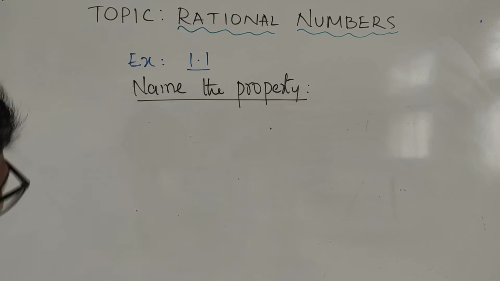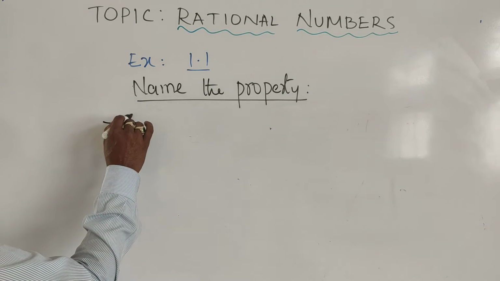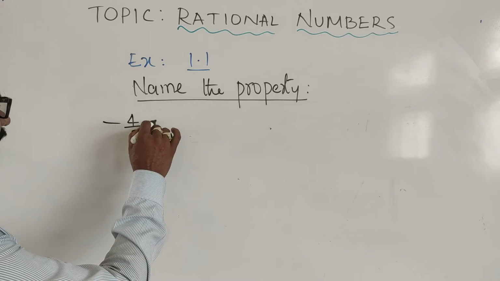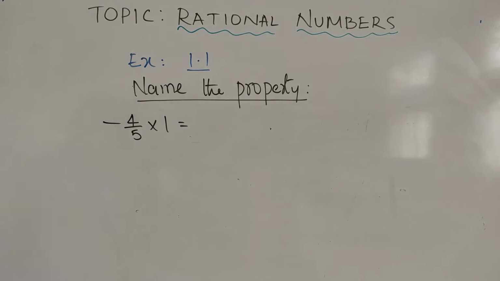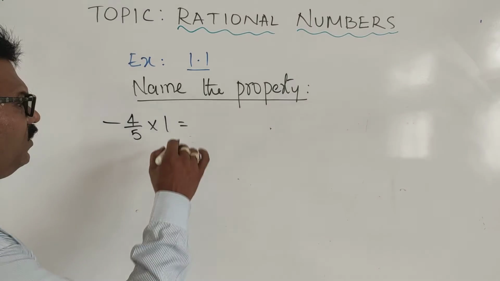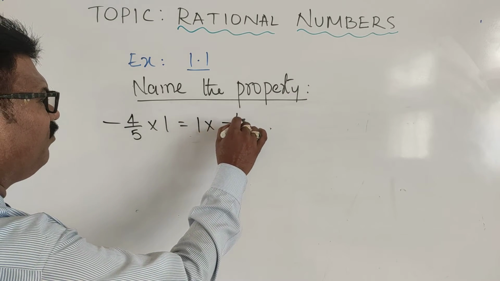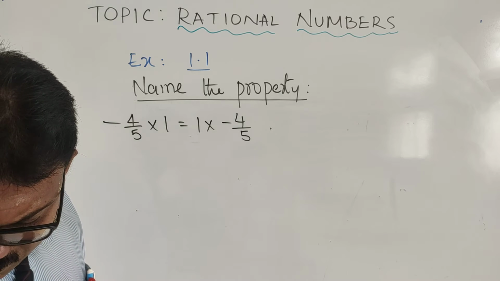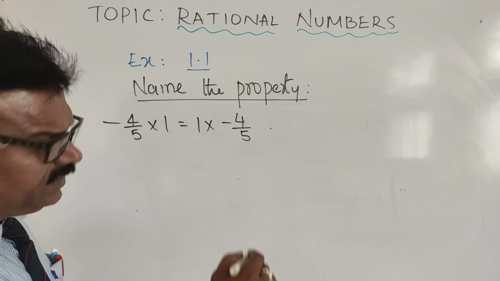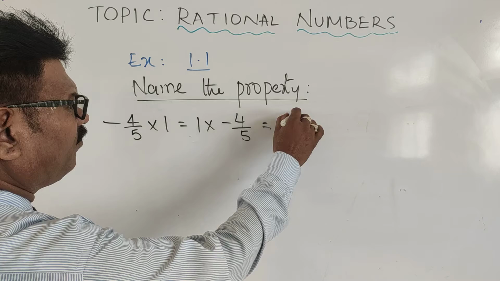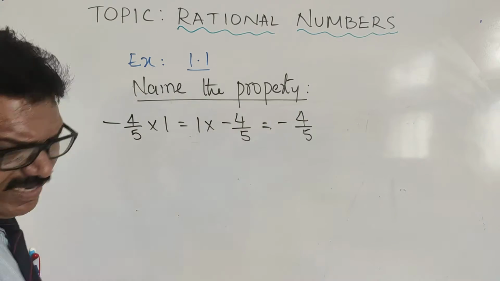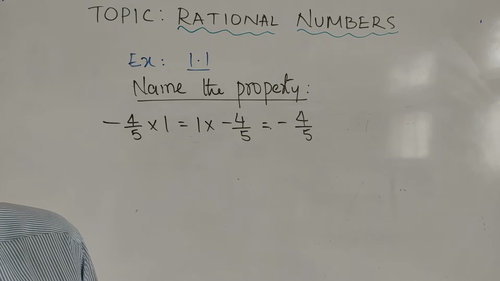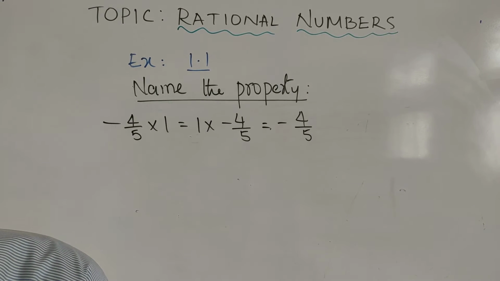See, for example, minus 4 by 5 into 1 equals 1 into minus 4 by 5, which is equal to minus 4 by 5.